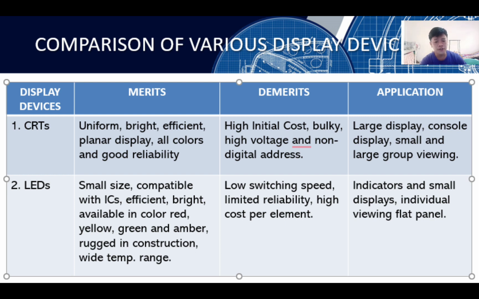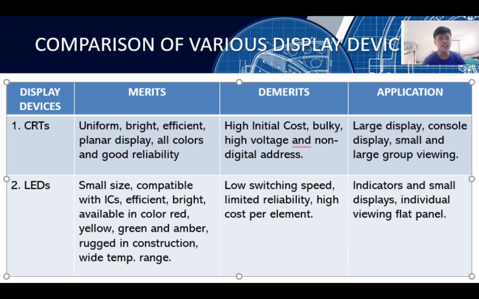For LEDs, the advantages are small size, compatibility with ICs, efficiency, brightness, availability in the colors red, yellow, green, and amber, rugged construction, and a wide temperature range. The disadvantages are low switching speed, limited reliability, and high cost per element.